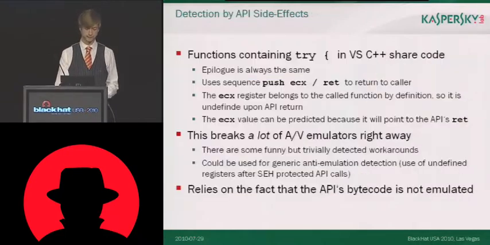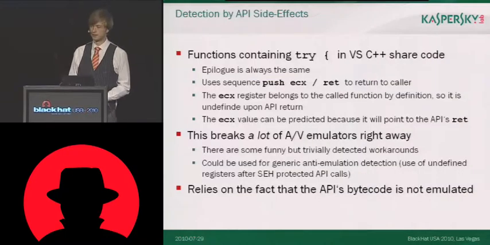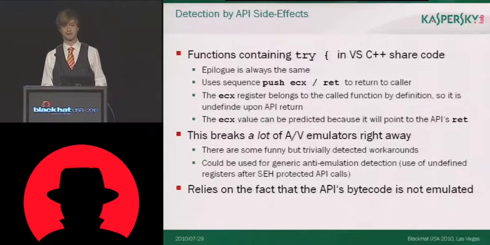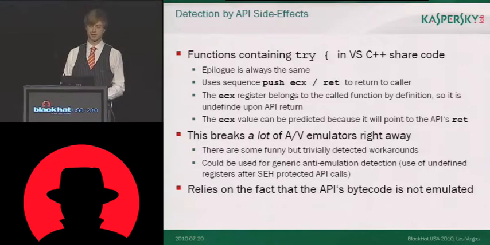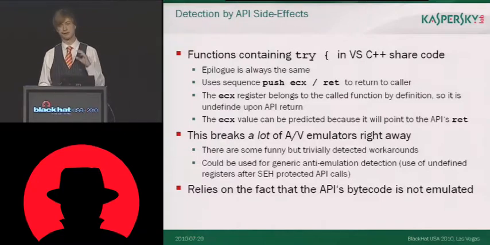So one example for detection is side effects of APIs. Some of you probably know structured exception handling. What is that? If you have a try and catch statement in Visual Studio C++, they all share common code. The compiler then generates code for this function, and the function epilogue is always the same bytecode.